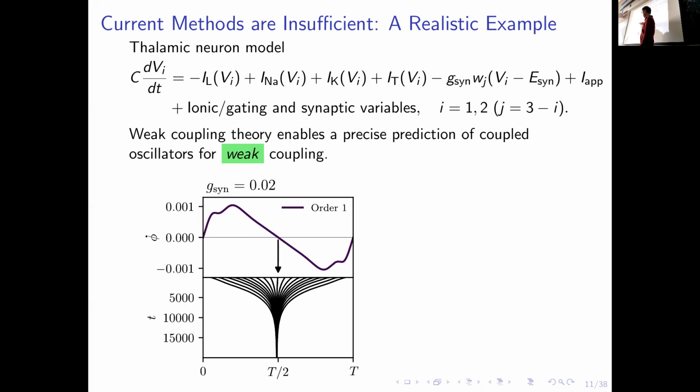So 0.2 is three to four orders of magnitude smaller than the magnitude of oscillations in this model. Then we can get this right-hand side from weak coupling theory. We can see there's one stable fixed point and one unstable fixed point. And when we simulate the full model, we track the phase differences over time, and they coincide with the weak coupling theory predictions.